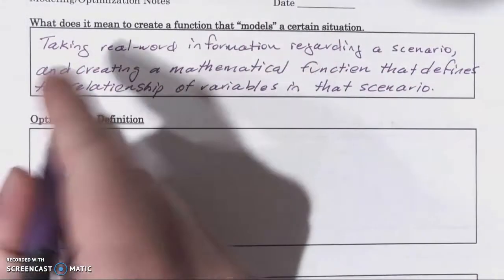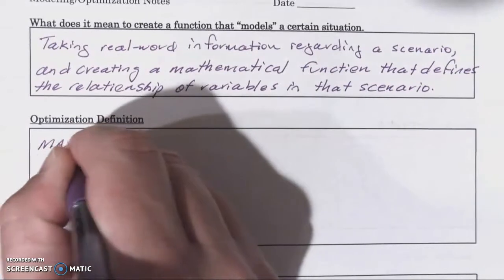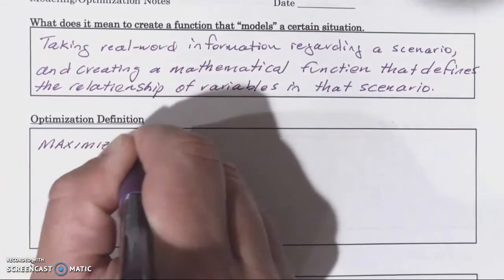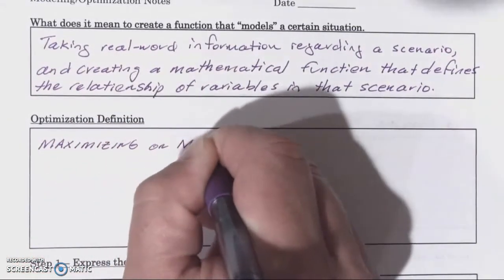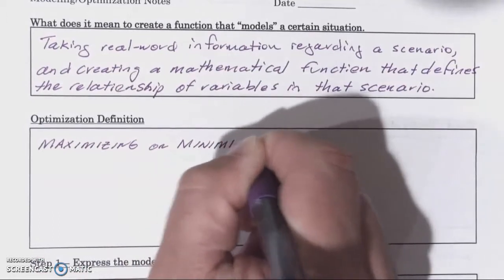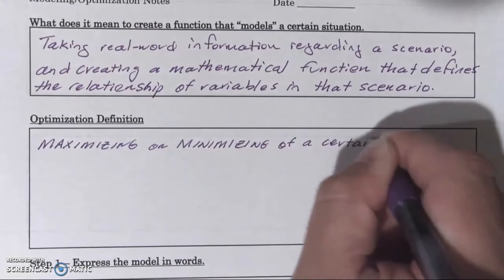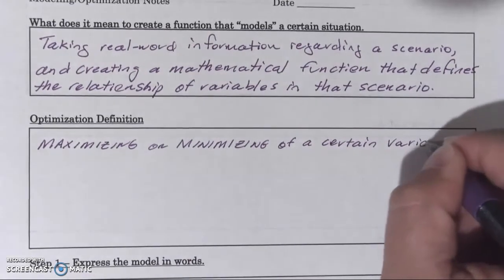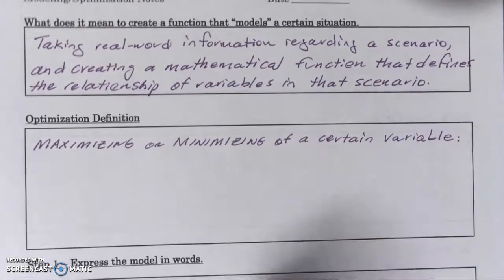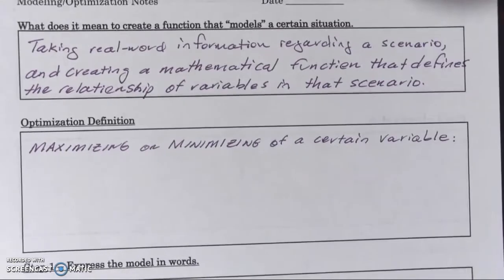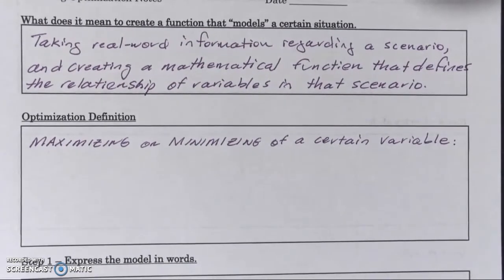Okay, the maximizing or minimizing of a certain variable. For instance, this is actually going to come back up in a little bit of a challenge problem, and I want you to think about this as connected to real-world examples and data.